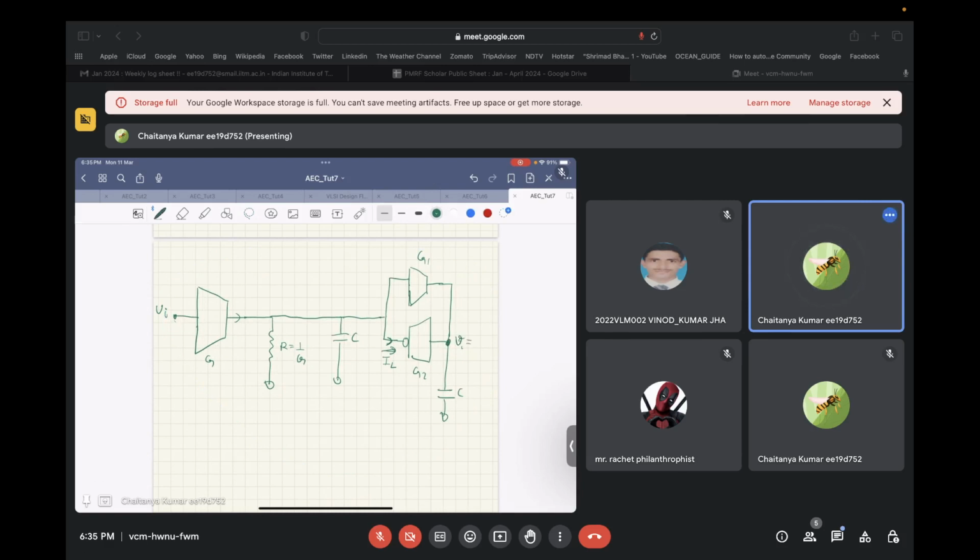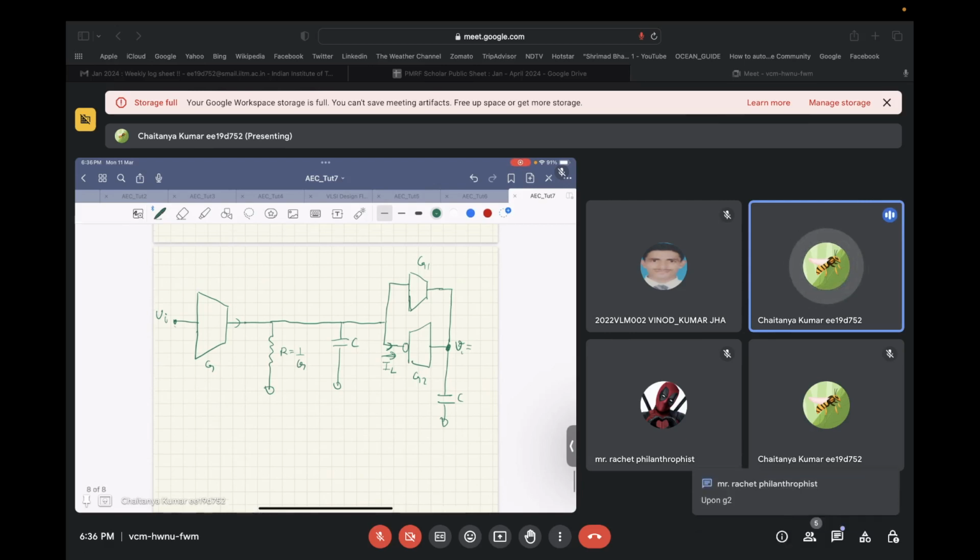Okay, so basically IL upon G2. Oh no, sorry, IL upon G2, correct. So this is IL upon G2.